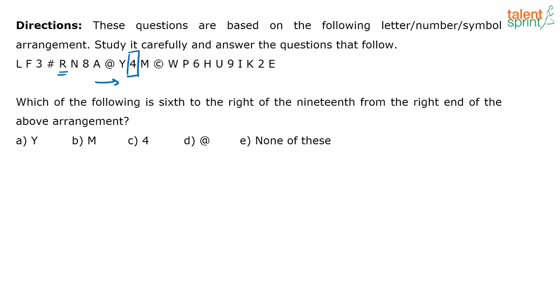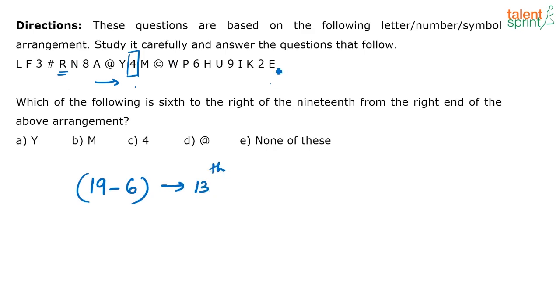Now another way of doing it is, what are they asking you? You have to first find the 19th element from the right and then take 6 steps on this side. Basically, we are actually doing 19 minus 6. So this will be the position of this element from the right end. You can directly do it like that also. The question is nothing but they are asking you which is the 13th element from the right end.